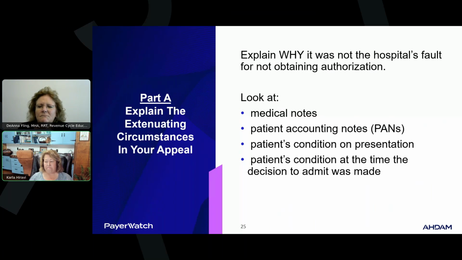When I was in the hospital working with denials and appeals, I didn't even know what patient accounting notes were, and you can find a lot of very helpful information in there. Look at the patient's condition on presentation and the time the decision to admit was made. Maybe the patient was by themselves and not in a condition to relay what their insurance is. It happens all the time. Okay, next slide, please.